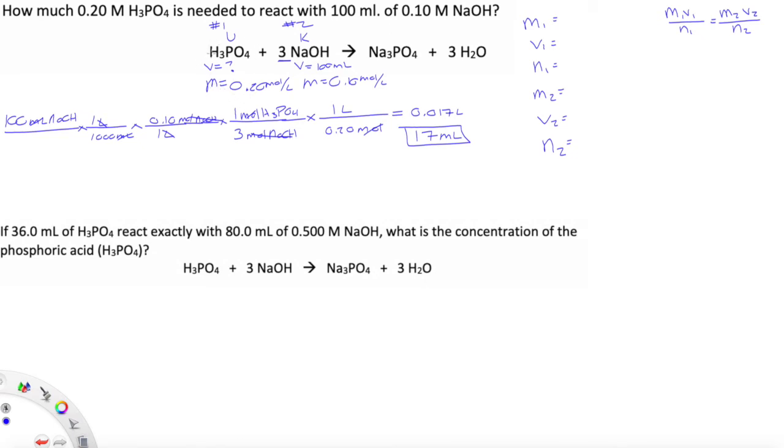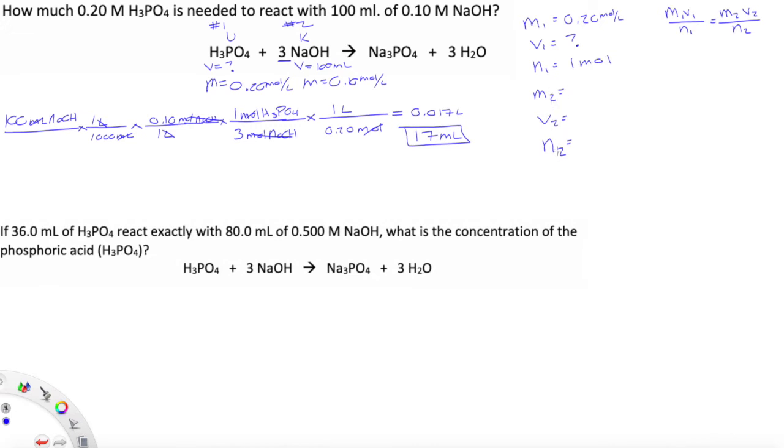So I'm going to pull my numbers from here. For phosphoric acid, since that's compound 1, I know that the molarity is 0.20 moles per liter. My volume is what I'm looking for. And in my balanced chemical equation, there is no coefficient in front of phosphoric acid, which means I just have 1 mole of that. So I'm going to put 1 mole here.